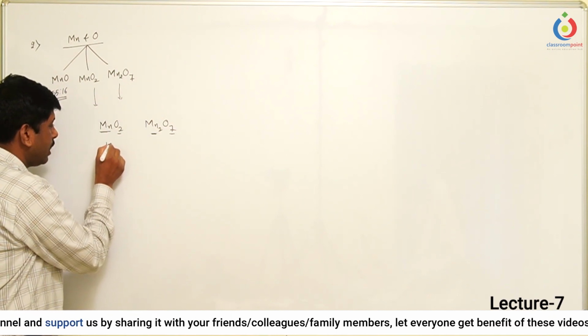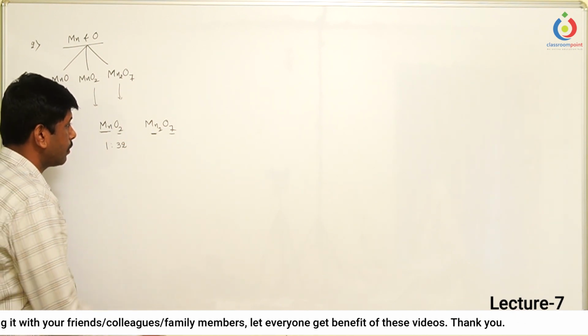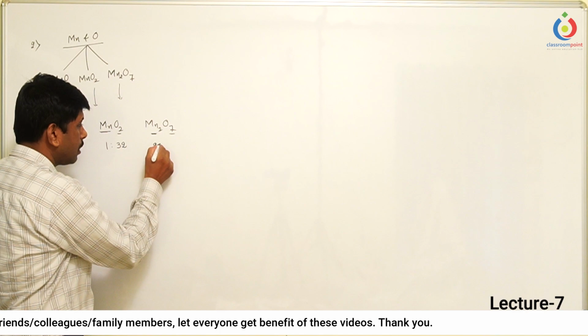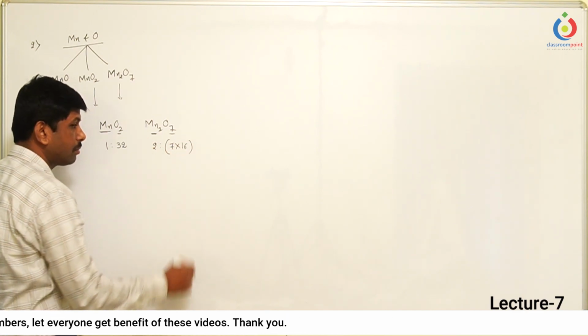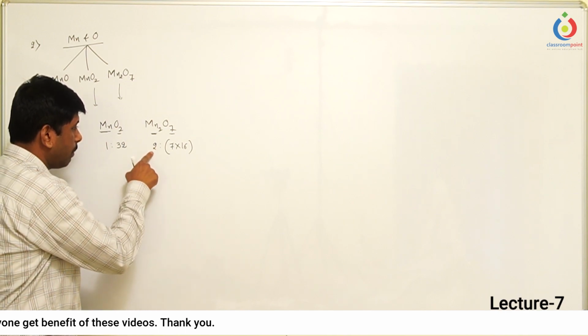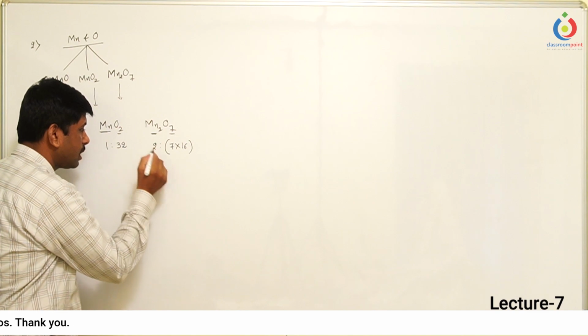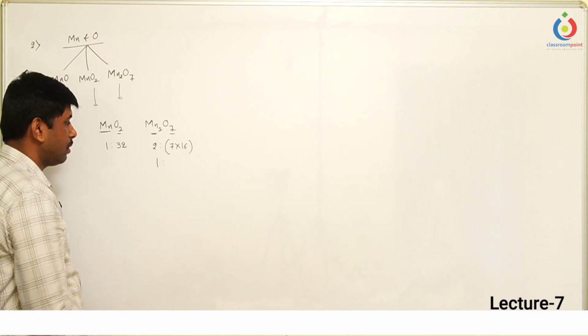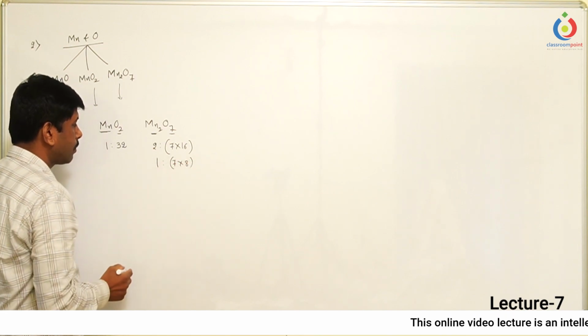So 1 manganese combines with 2 oxygens, and the mass of 2 oxygens is 32. Here 2 manganese combine with 7 oxygens, 7 into 16 grams of oxygen. Then 1 manganese can combine with how many grams of oxygen? Obviously half of that, 7 into 8 grams.